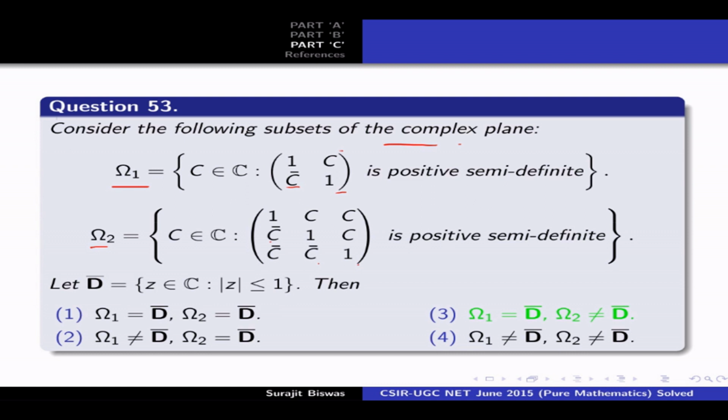Let D bar be the closed unit disk inside C. Now we have to show whether Omega 1 is D bar or not, and whether Omega 2 is equal to D bar or not.